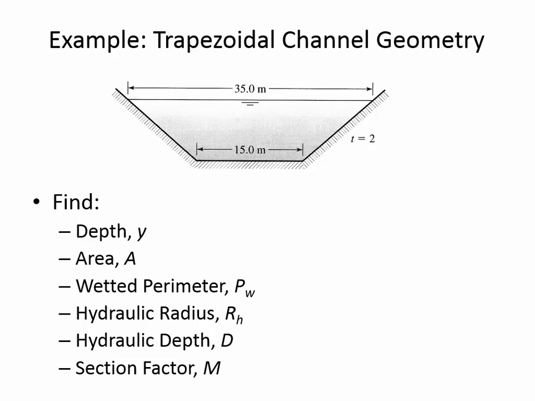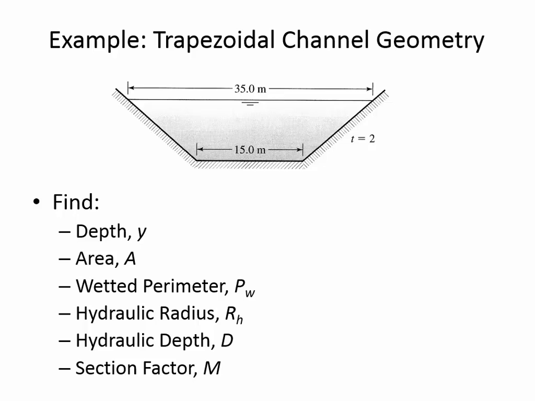Wetted perimeter, P sub w. Nope, I was looking in the wrong spot. All right, wetted perimeter is b plus 2y times w. And w is this special thing. W is 1 plus t squared to the 1/2 power.